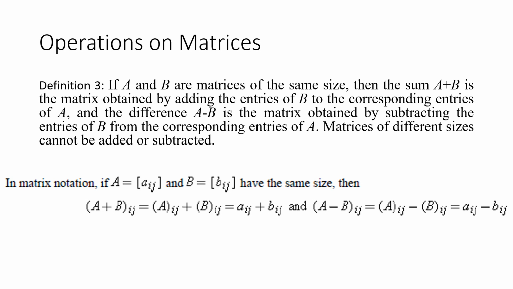So in matrix notation, if matrix A is equal to a sub ij and matrix B is equal to b sub ij have the same size, then the (A plus B) sub ij is equal to a sub ij plus b sub ij. And the same goes with the subtraction.